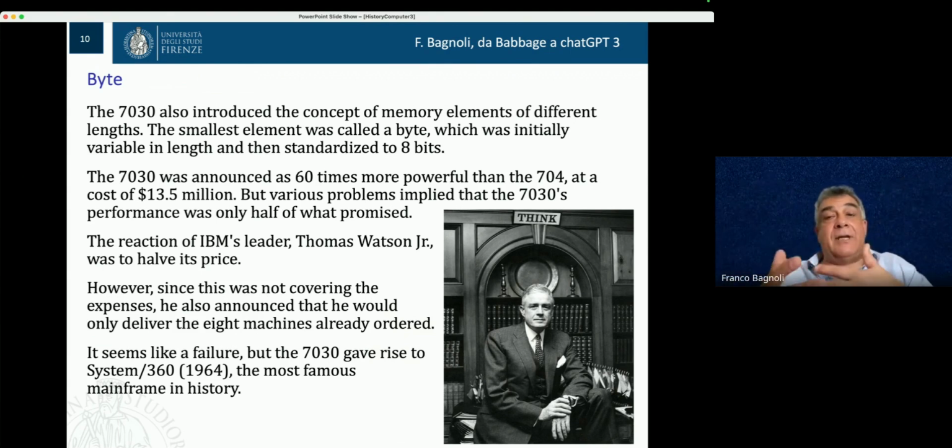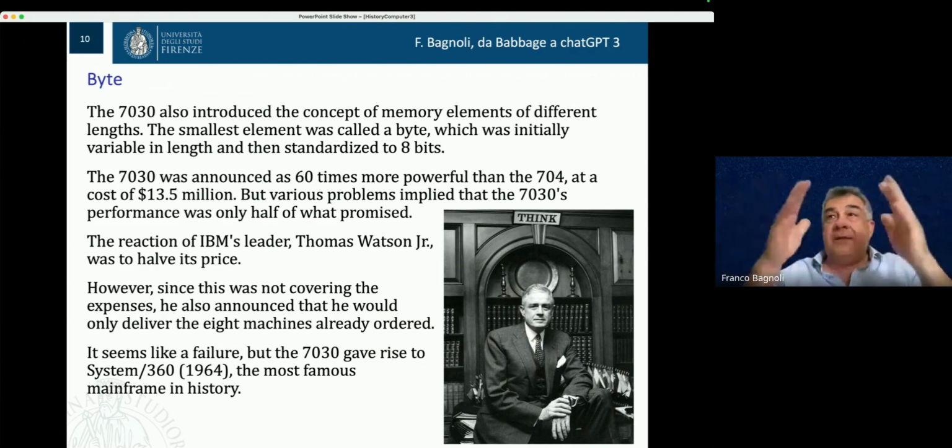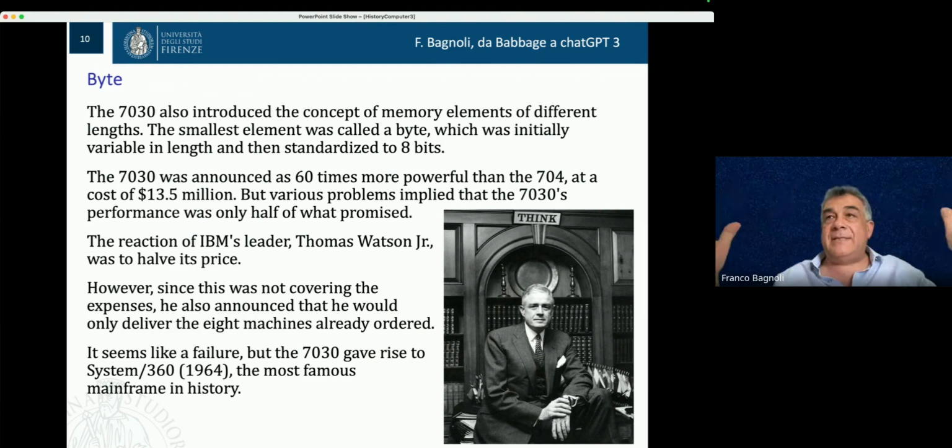Then they started to realize that if you want to count small numbers, it is wasting memory to have, I don't know, 30, 40, 60 bits just to store some units. But on the other hand, if you want to be able to address at the level of bytes, then if you want to store a larger number, you have to use more bytes, so you have to manage this.